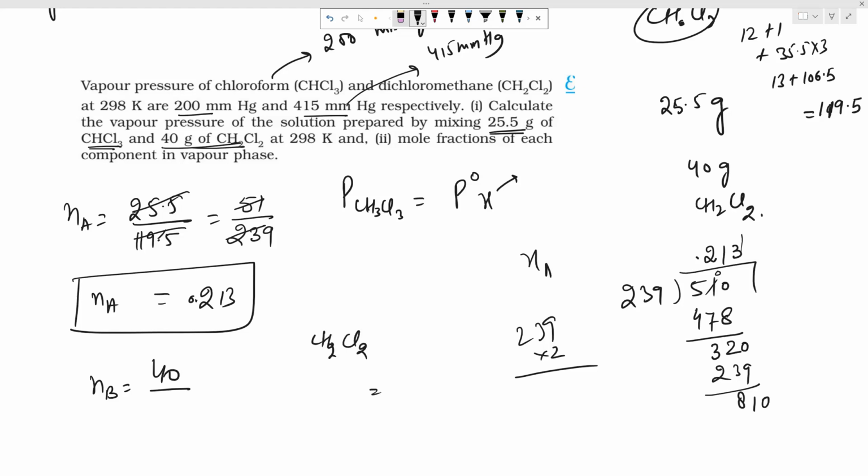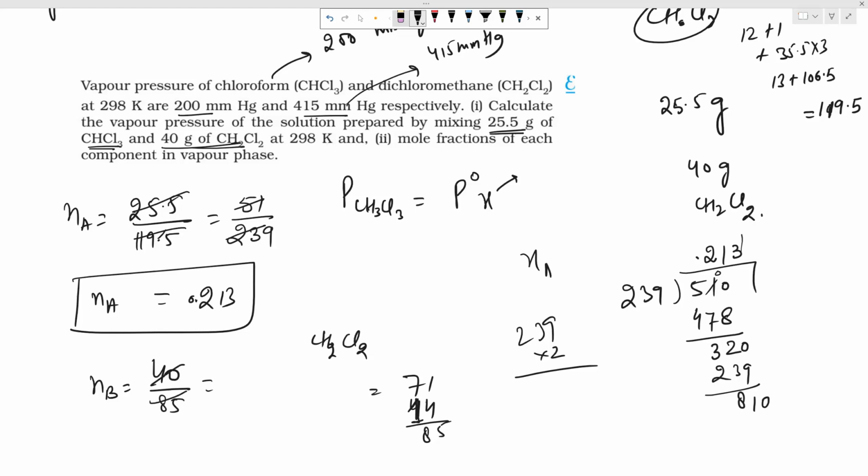CH2Cl2. That is 71 plus 14, 12 plus 2, 14. How much will you get? 5 and 8, 85.